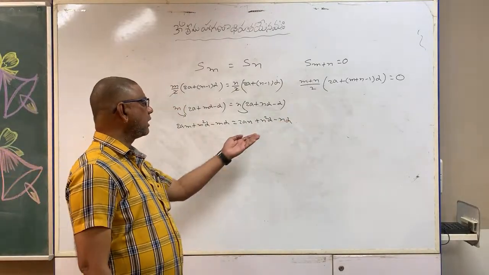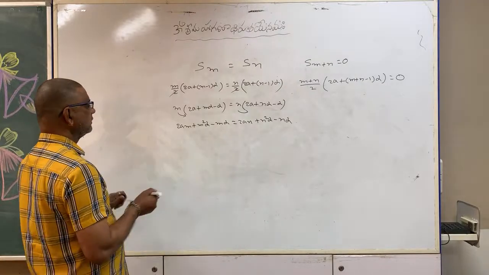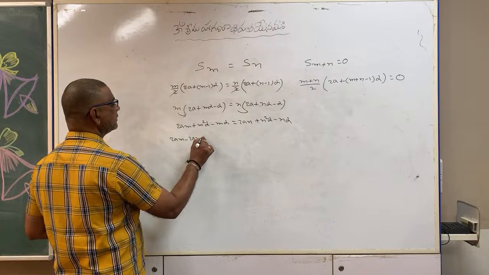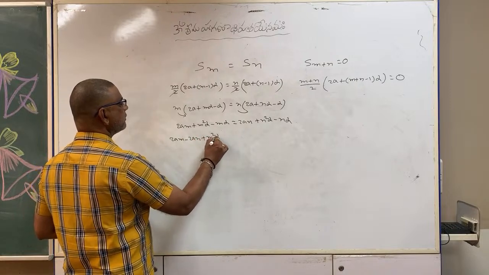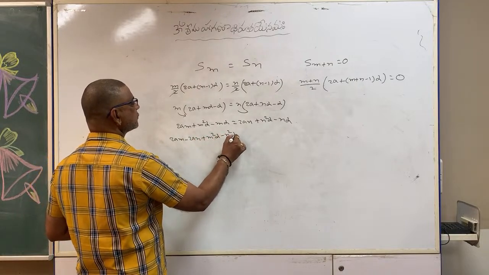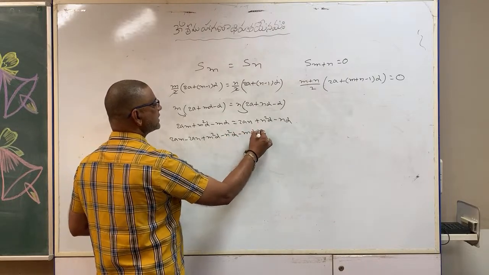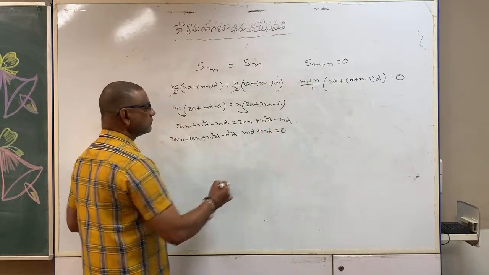Okay, so bring all these terms to this side. 2am minus 2an plus m square d minus n square d minus md plus nd is equal to 0.